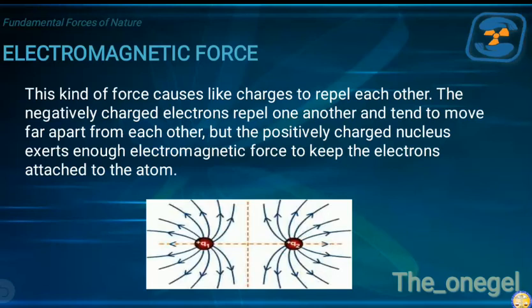Remember the charges again: positive for protons, negative for electrons, and neutrons have no charge. In our illustration, we have two particles, both positively charged. As you can see in the arrow, the force between them is repulsion, not attraction. So like charges repel and unlike charges attract.